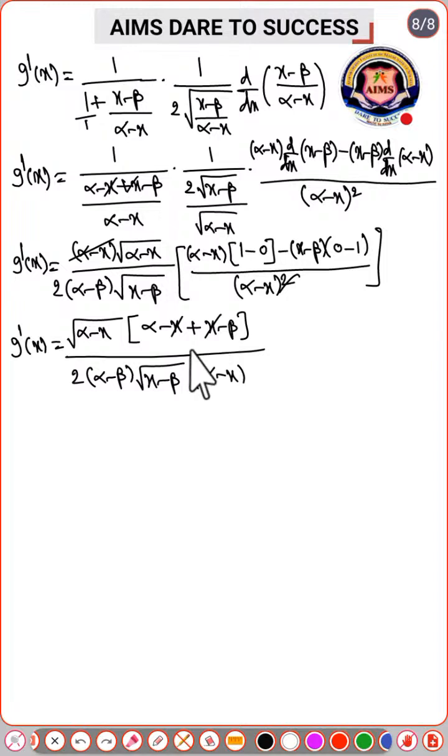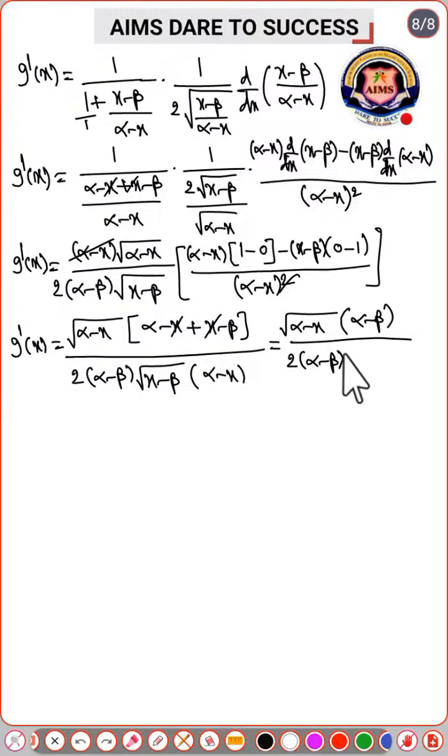My dears, plus x minus x get cancelled, remaining value is root alpha minus x into remaining value alpha minus beta, whole divided by 2 into alpha minus beta into root x minus beta into here we are having alpha minus x.